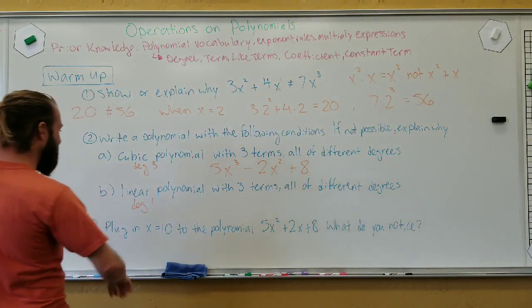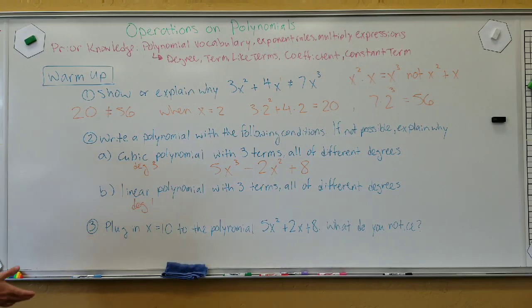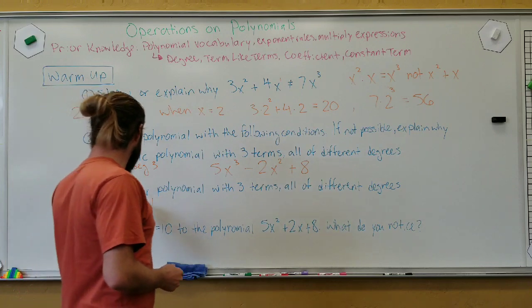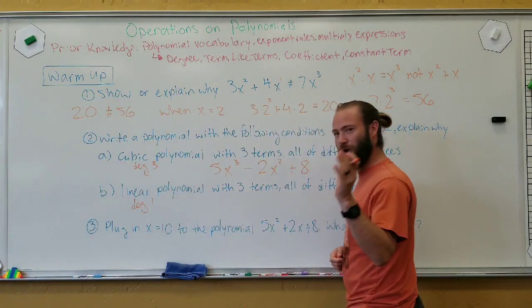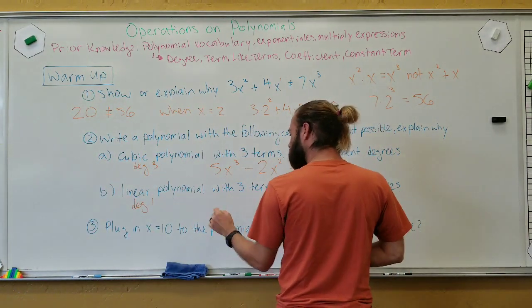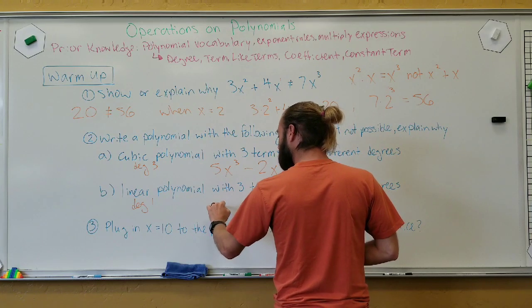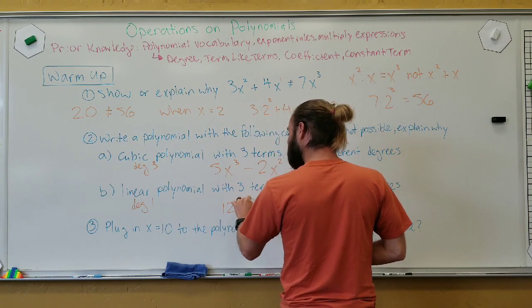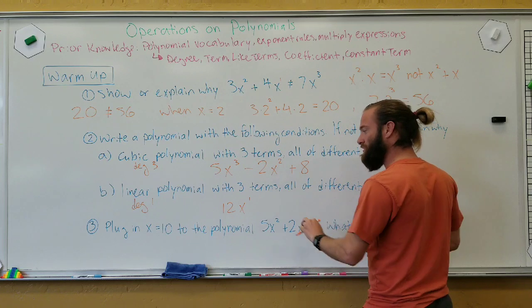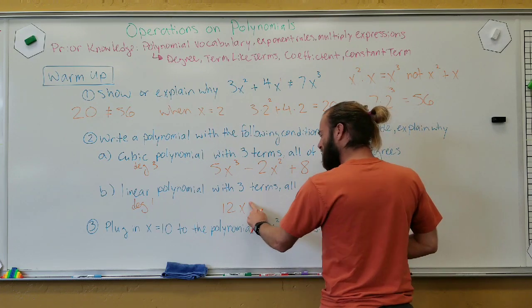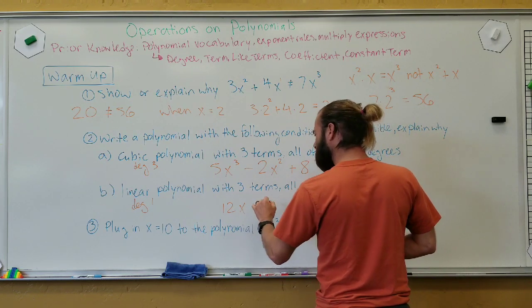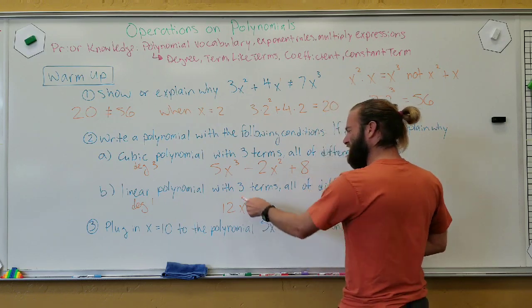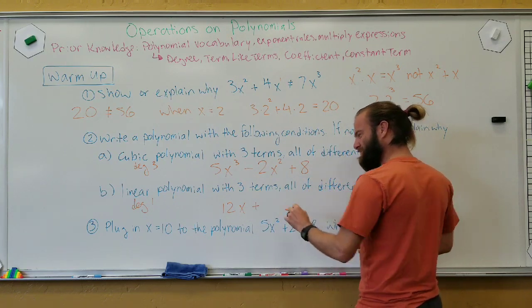Let's talk about B. Linear polynomial with 3 terms, all of different degrees. So linear means degree 1, which means the highest exponent possible in the whole thing is degree 1. So let's try. Let's say 12x to the 1, right? Because degree 1, so that's going to have to be the highest. Plus, wait a minute, it's supposed to have 3 terms.